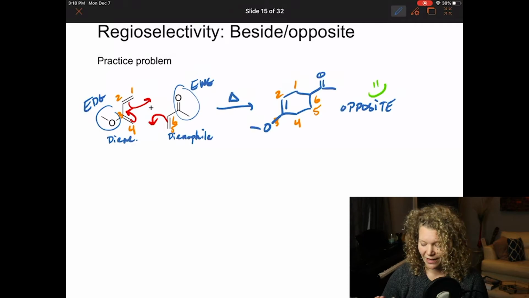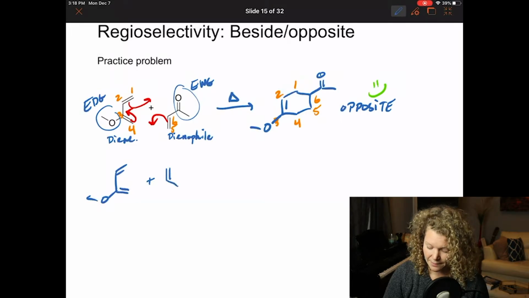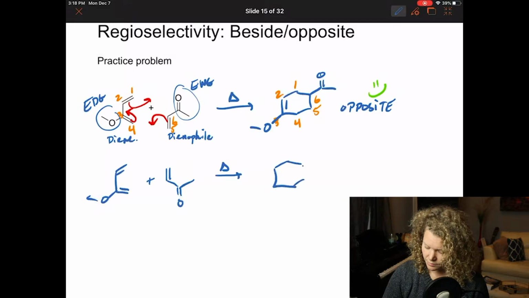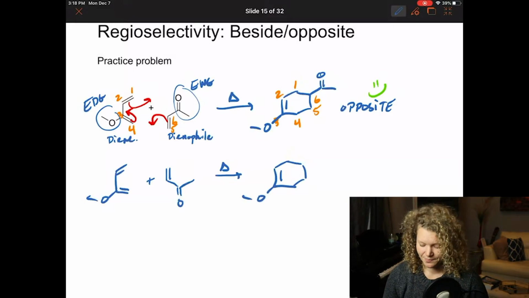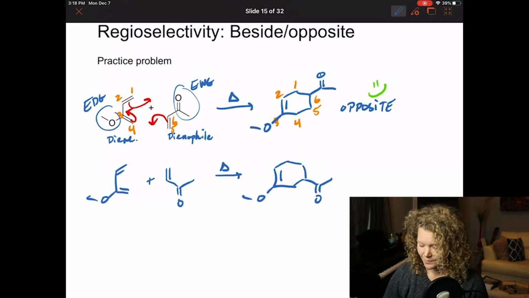What would happen though if I took that dienophile and I flipped it? So we're going to draw the same diene, and let's just flip our dienophile. Okay, our methoxy is still on the same carbon, but our ketone is now on this carbon, right?